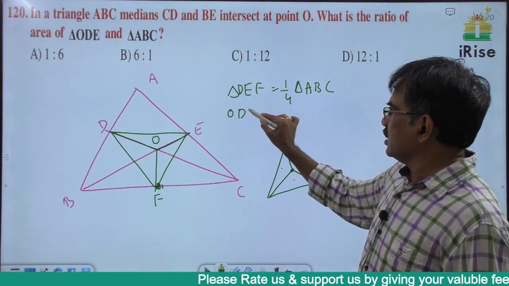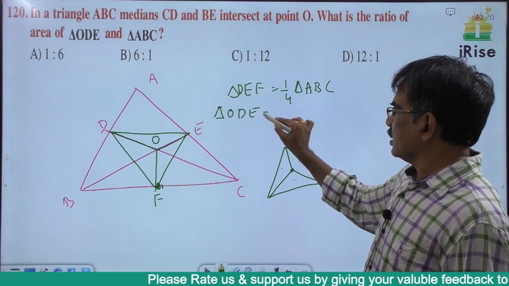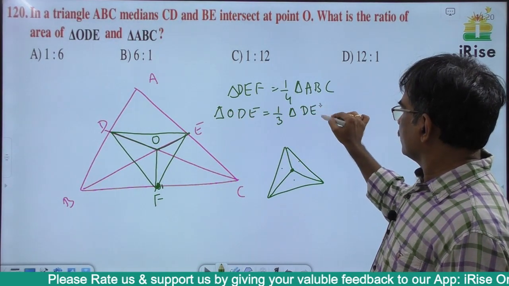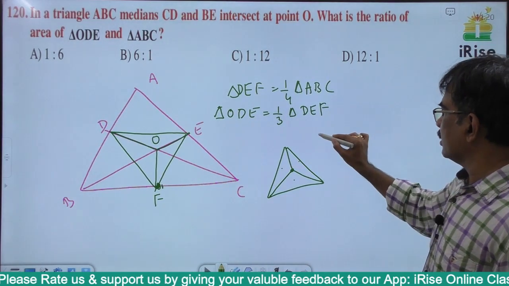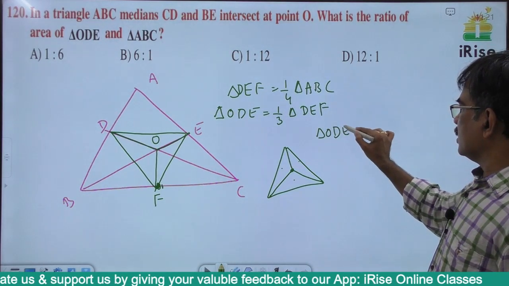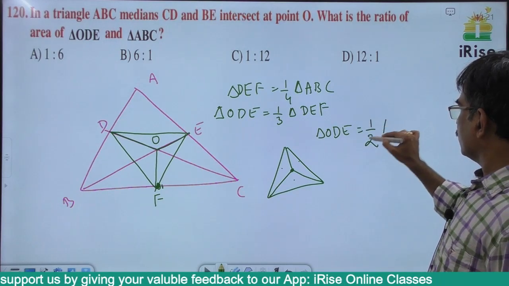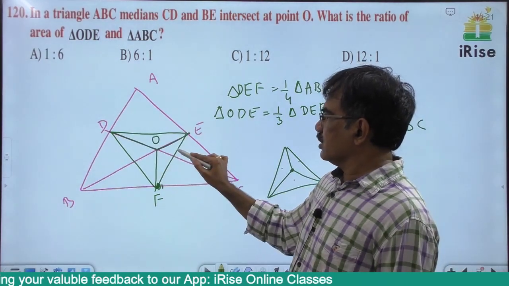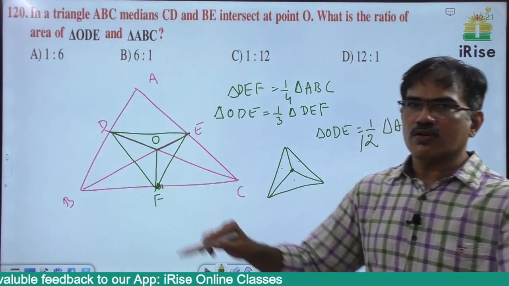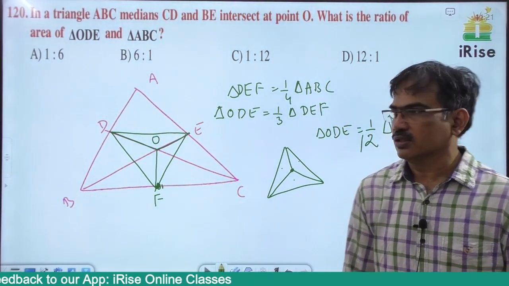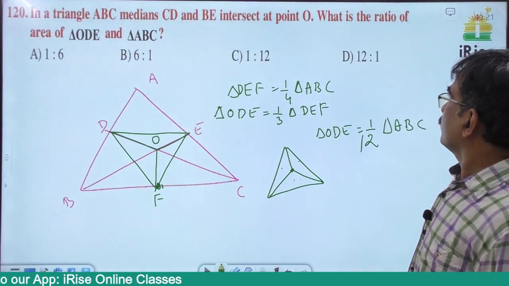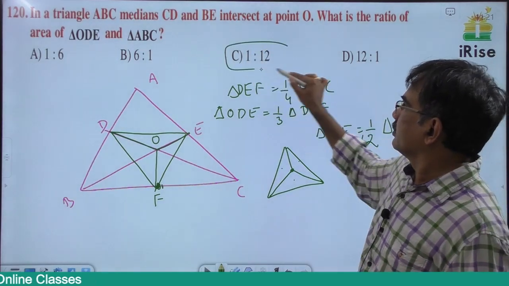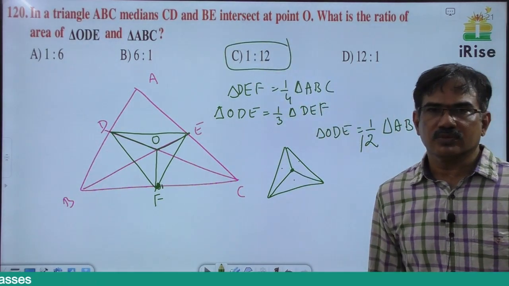Okay, ODE triangle area is equal to 1/3 of triangle DEF. So from this we can say that triangle ODE is equal to 1/12 of triangle ABC. This is 1/4 and this is 1/3 of it, it means 1/12. Okay, so therefore what is the ratio here? ODE is to ABC, 1:12.